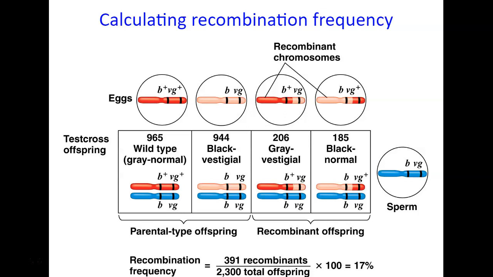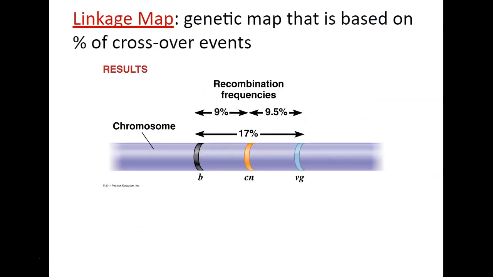A higher percentage would mean that the genes are farther apart. A lower percentage would mean that the genes are closer together, because it's harder to get a recombinant that way. So we can use this fact to generate something called a linkage map.